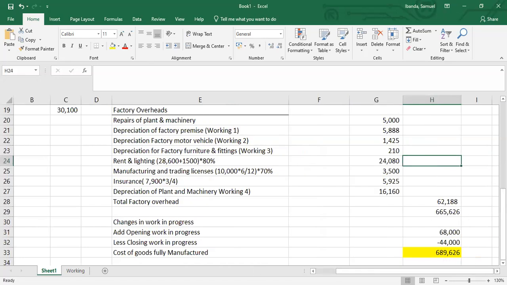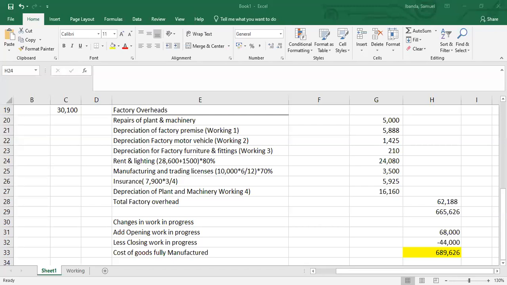Now, sometimes there is what we call goods transferred. The goods can be transferred at a markup, okay? Just in case you find something like that, you know very well that there's what we call factory profit.